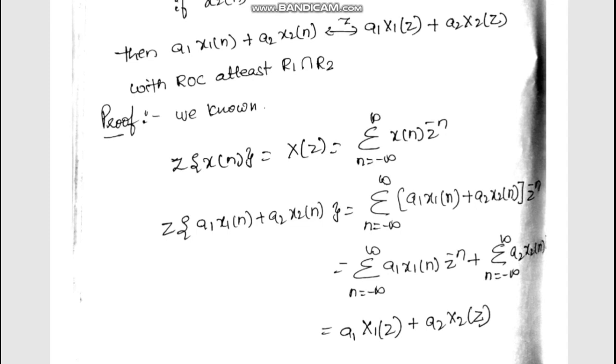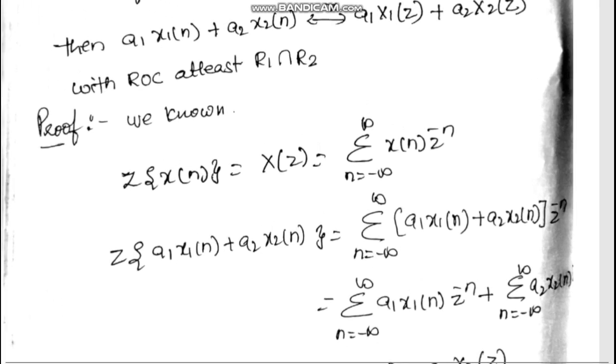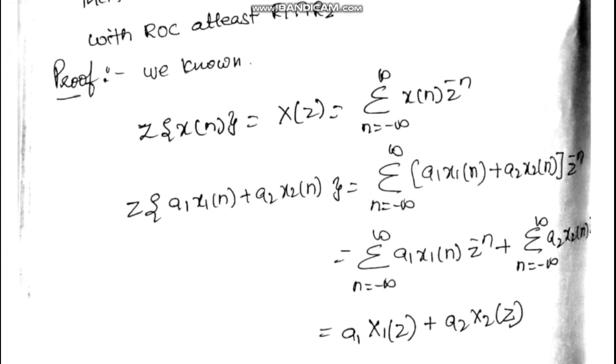You have to bifurcate the signals. We are separating the two input signals: summation n equal to minus infinity to plus infinity a1 x1 of n into z to the power of minus n, plus summation n equal to minus infinity to plus infinity a2 x2 of n into z to the power of minus n.